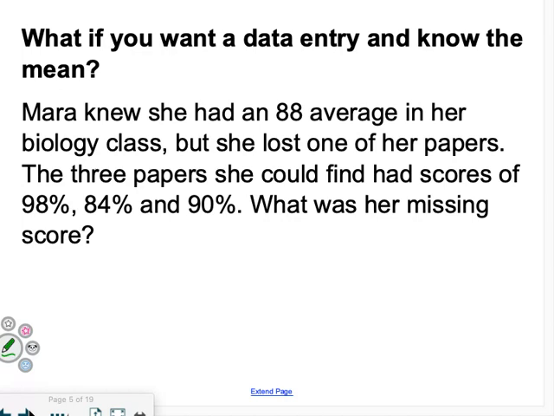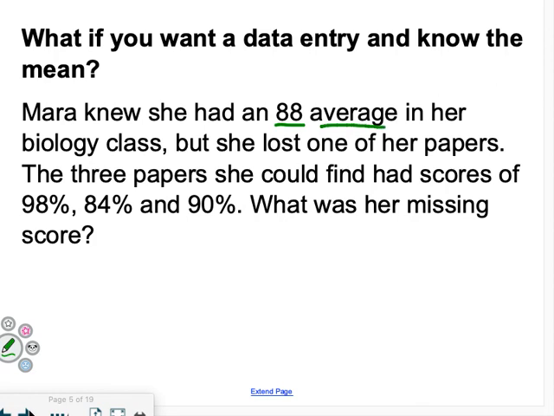It says, what if you want a data entry that you don't have, but you know the average? So we have to work backwards here. Mara knew she had an 88 average in her biology class, but she lost one of her papers. The 3 papers she could find had scores of 98, 84, and 90. What was her missing score? Let's think about this.